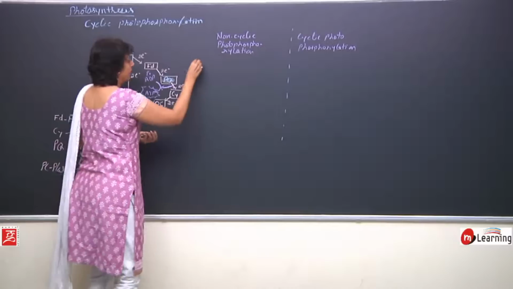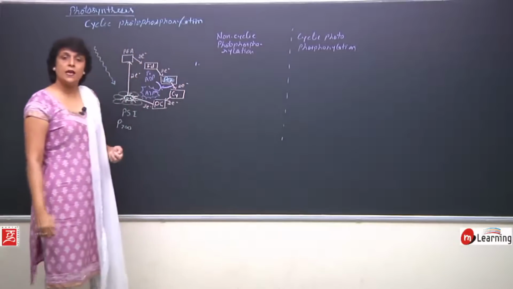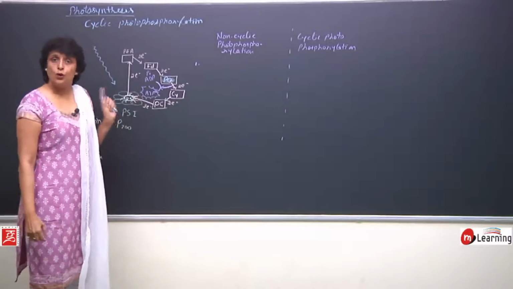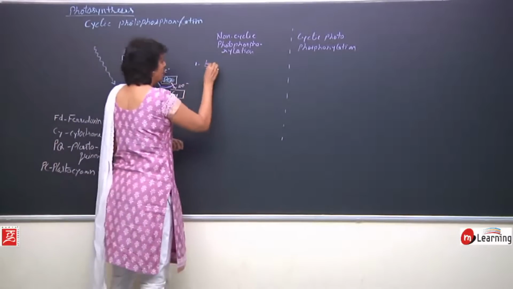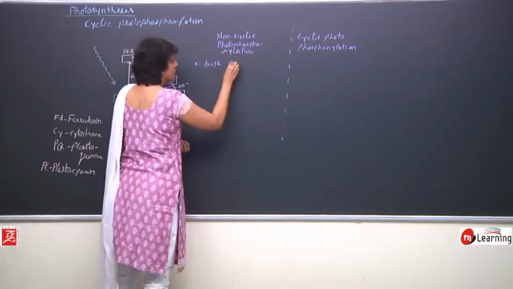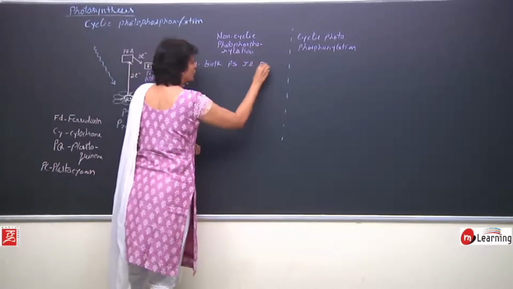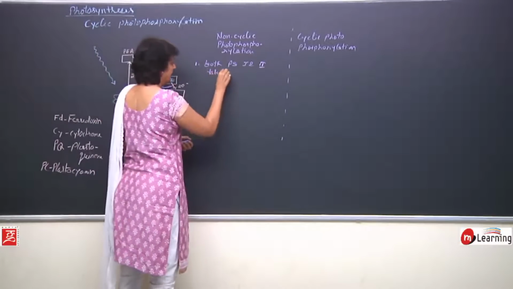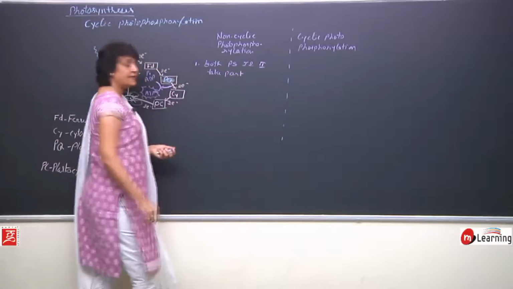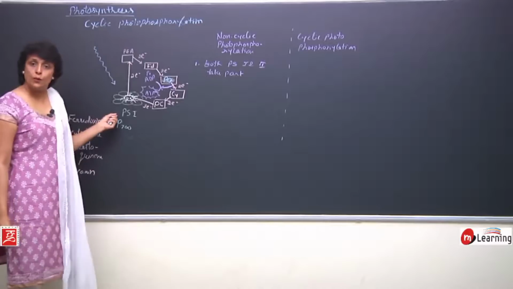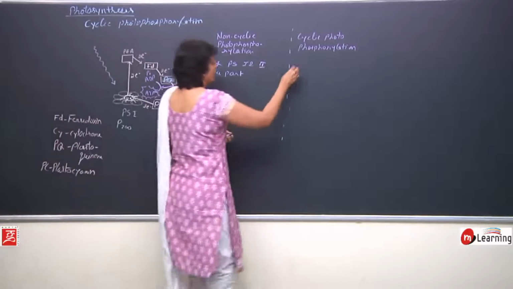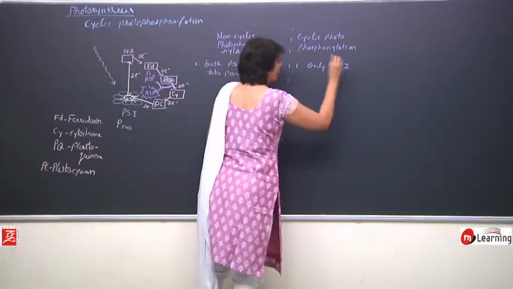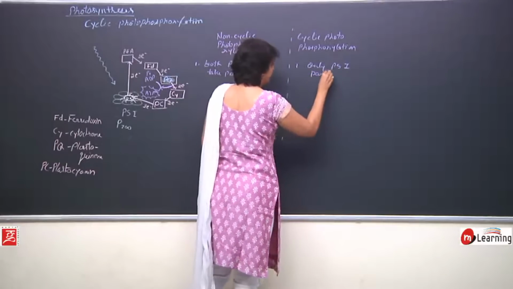First point, in case of non-cyclic, both the photosystems 1 as well as 2 participate. So, both photosystems 1 and 2 take part in non-cyclic. Whereas in cyclic, as we can see here, only one photosystem, that is photosystem 1, participates.